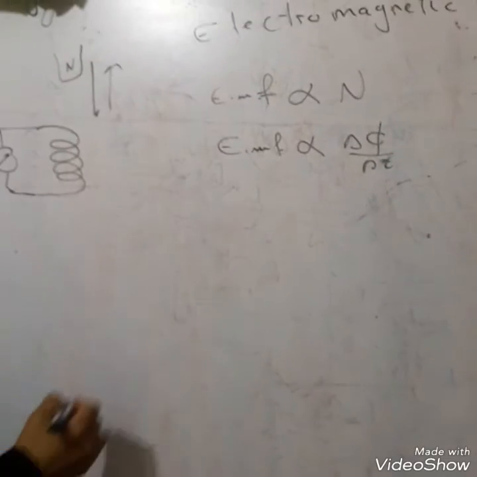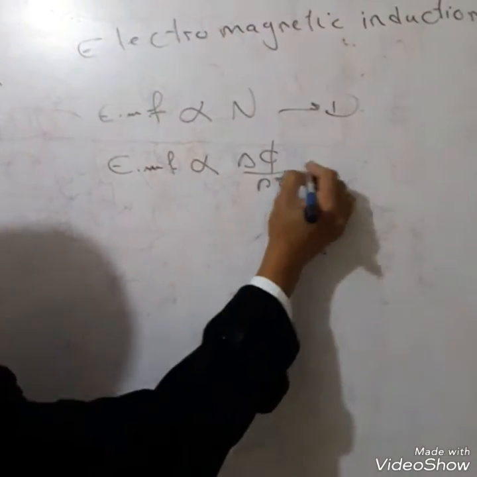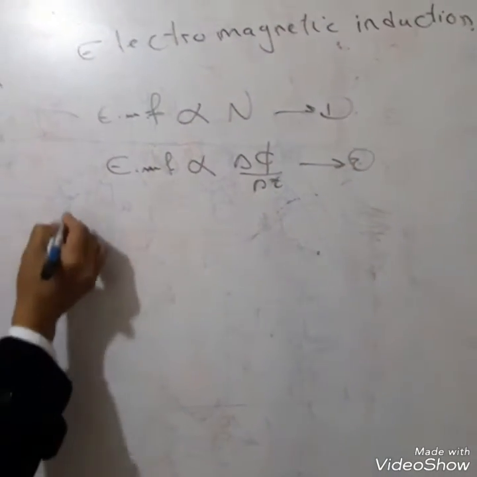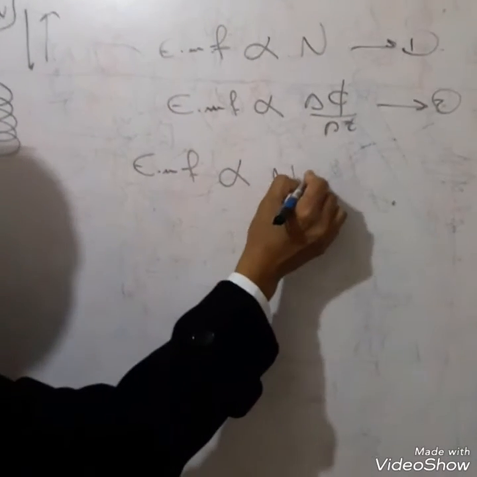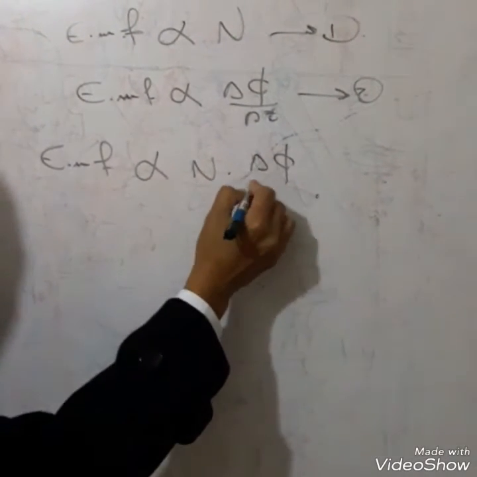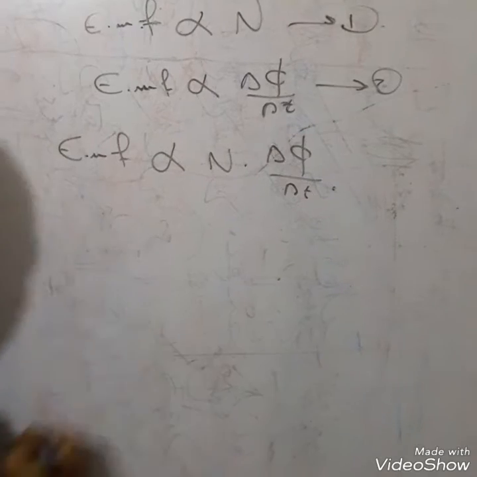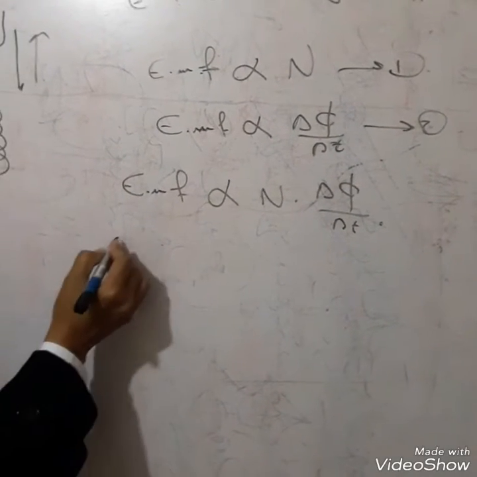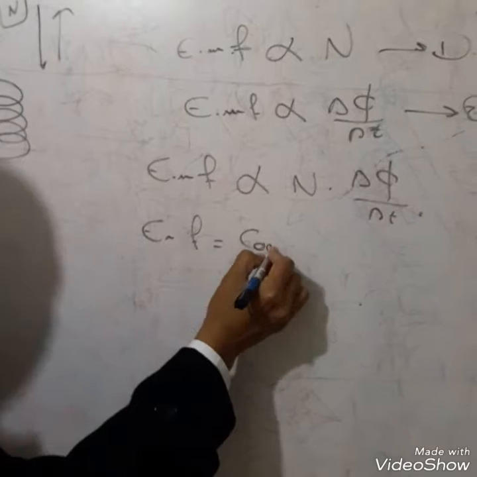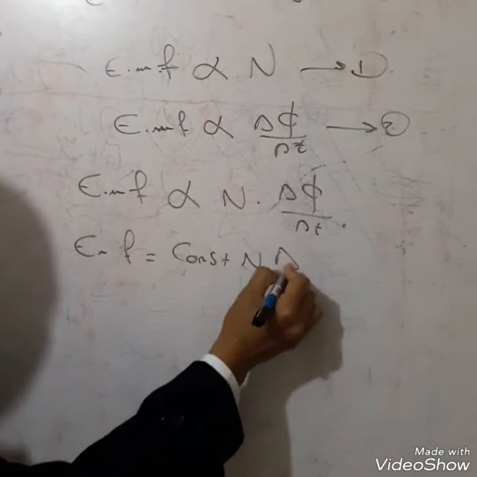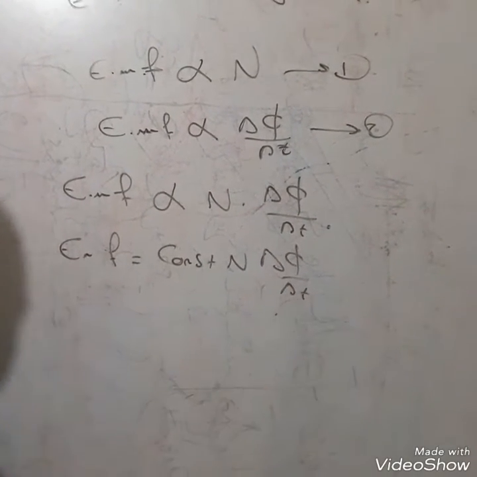From 1 and 2, we obtain that electromotive force is directly proportional to the number of turns and the change of magnetic flux. So electromotive force equals a constant times N delta phi over delta T.